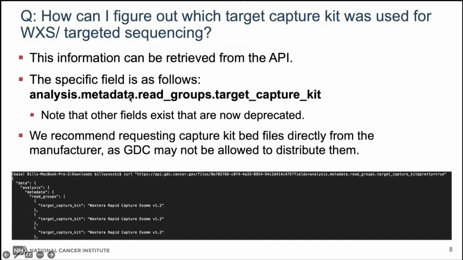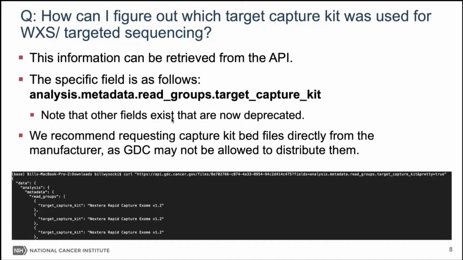The specified field is this here. It's fairly long, but it can be copied and pasted. And there are some other fields that you might come across, like target capture kit catalog number or target capture kit name. Those have mostly been deprecated for simplicity, so that only the target capture kit name is there.